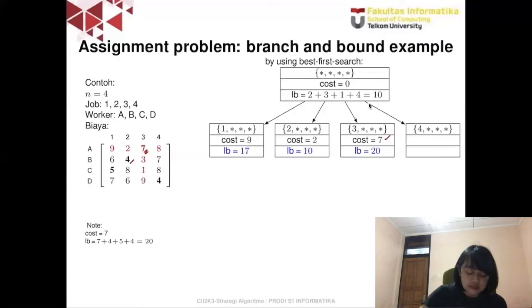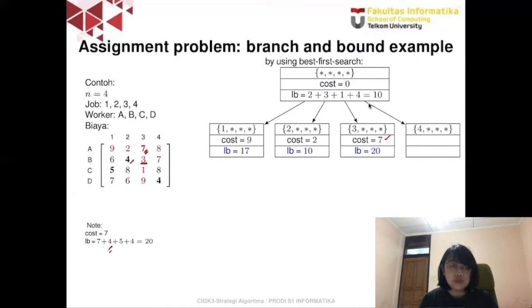We cannot give 3 here because job 3 has already been assigned to worker A. So worker B cannot be assigned job 3. So the next lowest fee for worker B is 4. So here we add 4 to the lower bound.